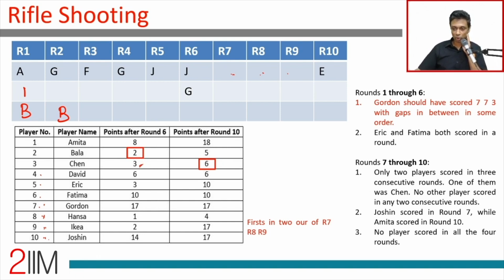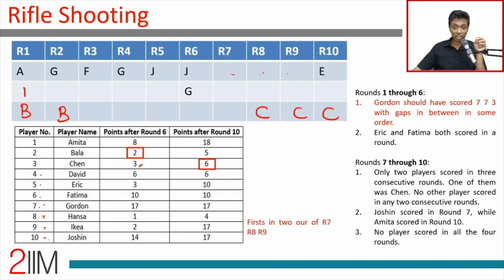We also know that only 2 players scored in 3 consecutive rounds. One of them was Chen. So Chen has scored in 3 consecutive rounds from 7 through 10. He plays only 8, 9, 10. Be Chen, Chen, Chen. 1, 1, 1. This is filling out quite nicely. And so we filled out the top row, the 7 points row.